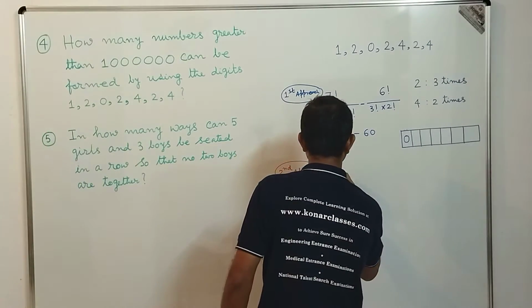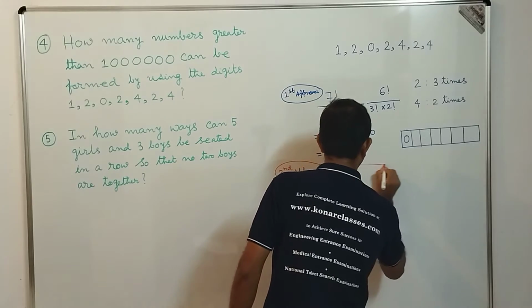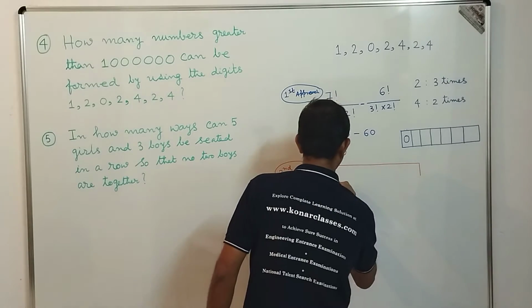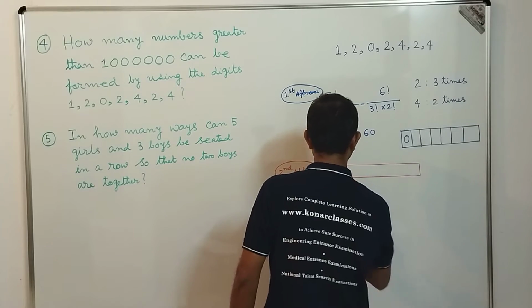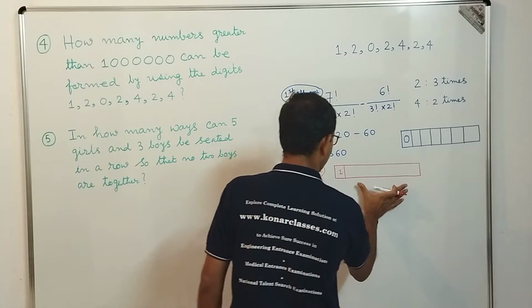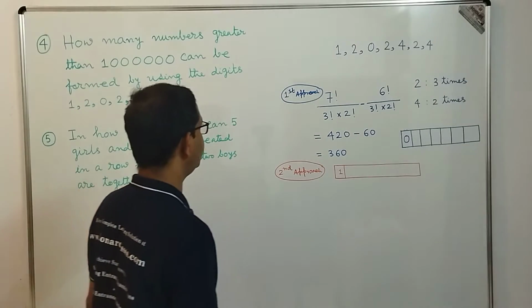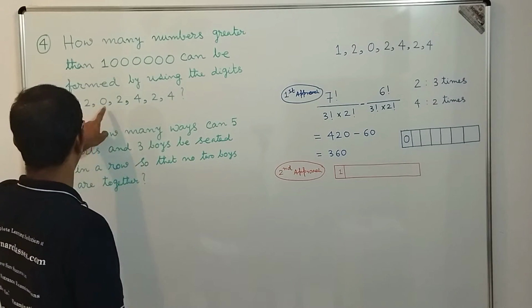So that means what? If we find all the digits, so it is 7 digits. So the first one is fixed with 1. Then the remaining, how many digits are there? 6 digits.